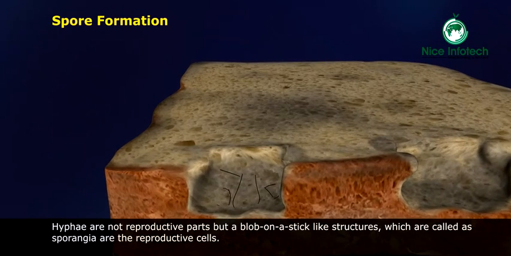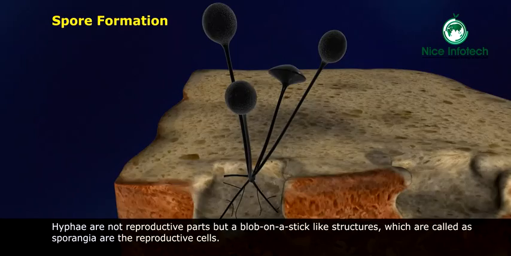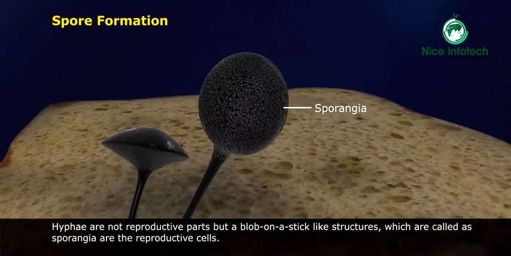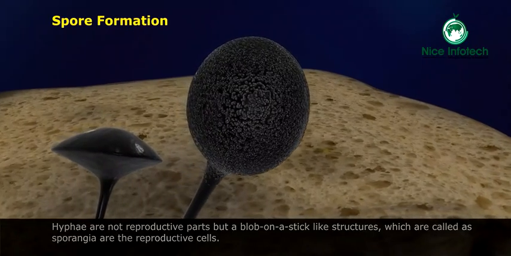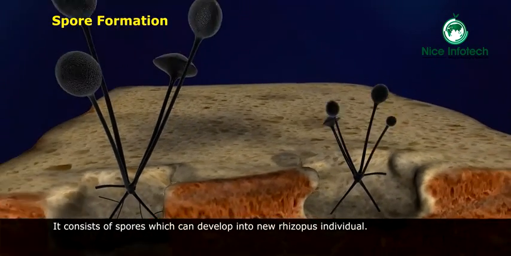Hyphae are not reproductive parts, but the blob on a stick-like structure called sporangia is the reproductive part. It consists of spores which can develop into a new Rhizopus individual.